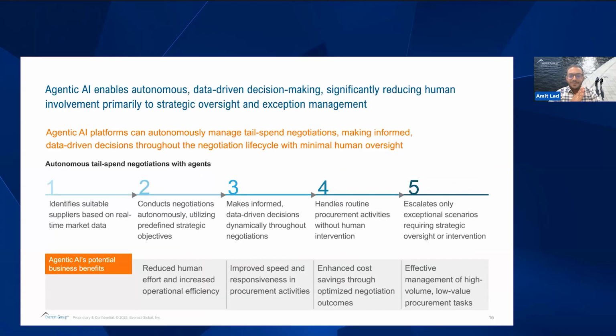Okay, just one another example. We already spoke a bit about it, but how does AI agent negotiate tail spend activities in real time? So once it gets input from the sourcing agent with regards to which are the suitable suppliers, then it will go ahead and conduct those negotiations.